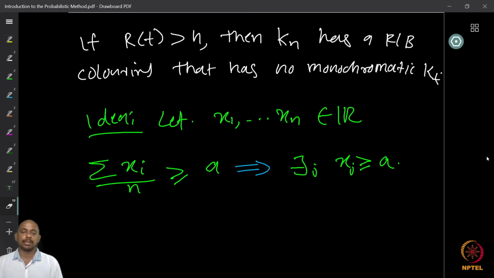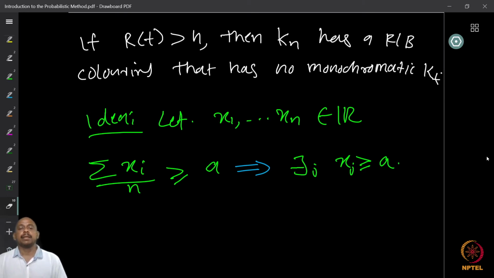That's the definition of the Ramsey number. So if I can show that for n with this property there is a coloring with no monochromatic Kt, then we are done.